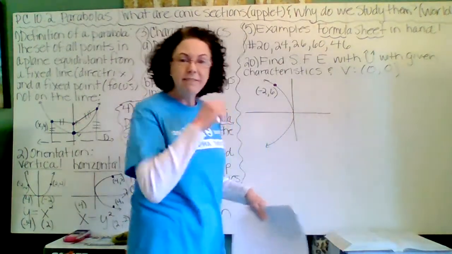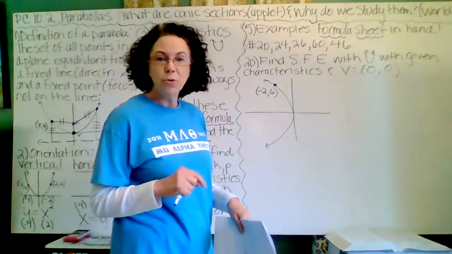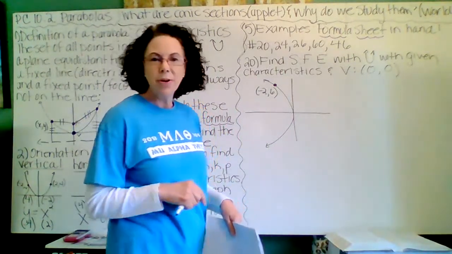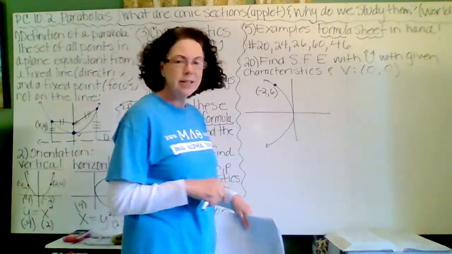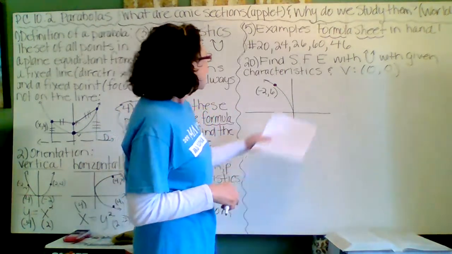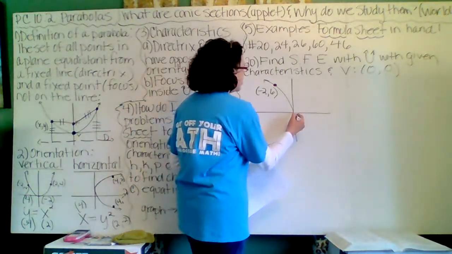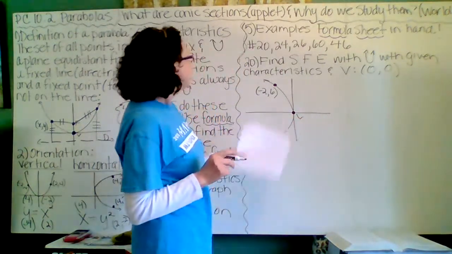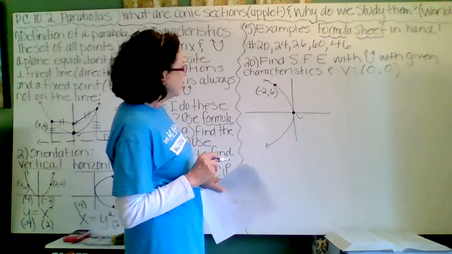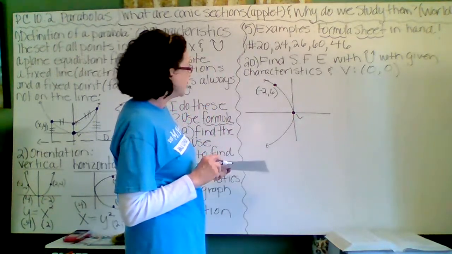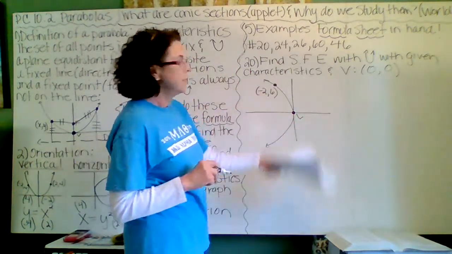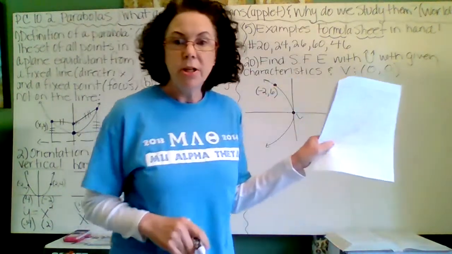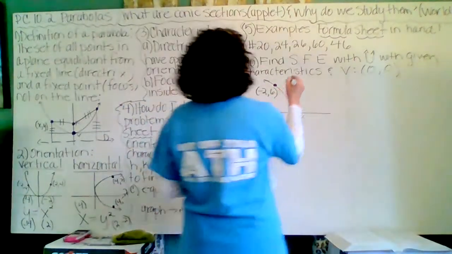I put a V there because you'll get used to V is vertex, C is center, F is focus, D is directrix, so we don't have to keep writing these out. With a vertex at 0, 0, notice that is the vertex there. So when I take a look at my sheet, they've asked me to write an equation.